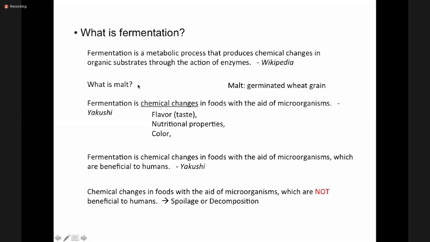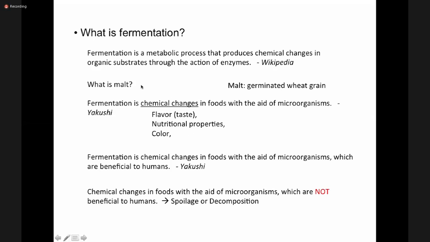So I think fermentation is actually chemical changes in foods, usually foods, with the aid of microorganisms. That's my definition of fermentation.